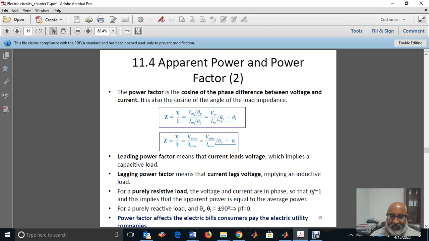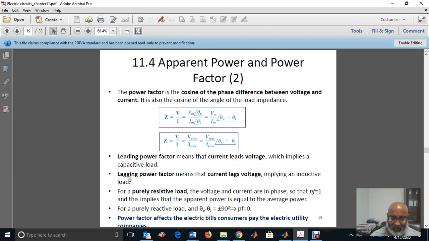If theta V minus theta I is positive, we call it a lagging power factor, remember. Lagging power factor means the current lags the voltage, which means theta V minus theta I is positive.